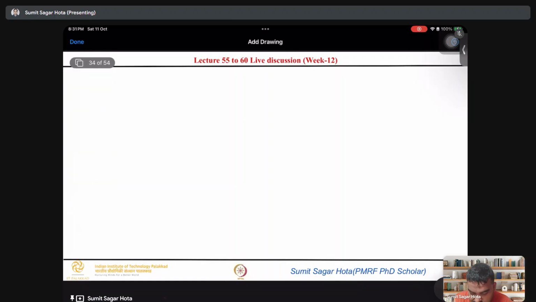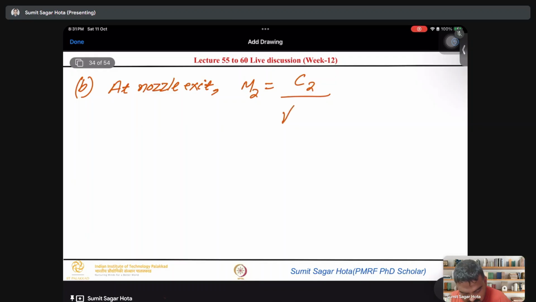So at nozzle exit, M2 is equal to C2 by square root of gamma R T2.